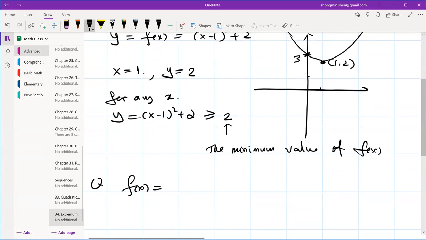Given this function, okay, what is the extreme value? Okay, this could be a maximum, could be a minimum.